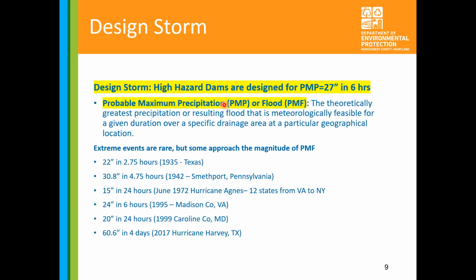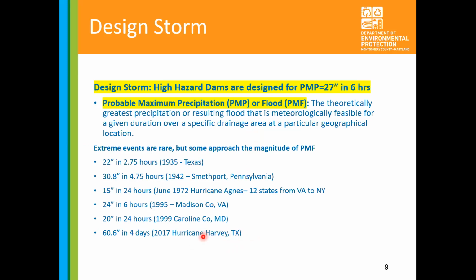The definition of probable maximum precipitation, or PMP, or probable maximum flood, PMF, is the theoretically greatest precipitation or resulting flood that is meteorologically feasible for a given duration over a specific drainage area at a particular geographical location. These extreme events are quite rare, but there have been some events that approached probable maximum flood throughout history, and I have a list of some of these events.